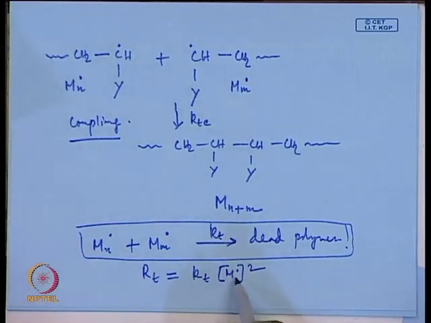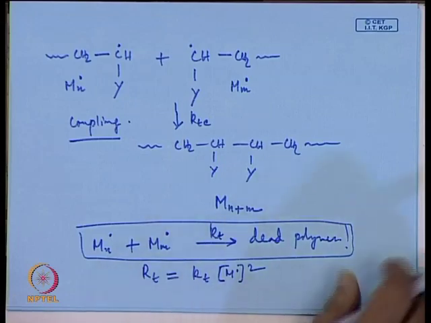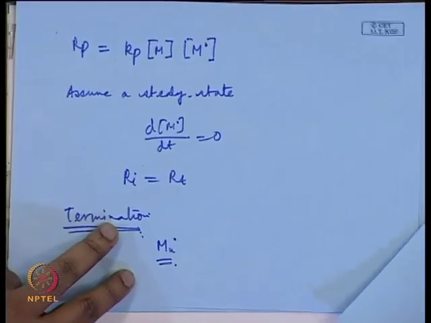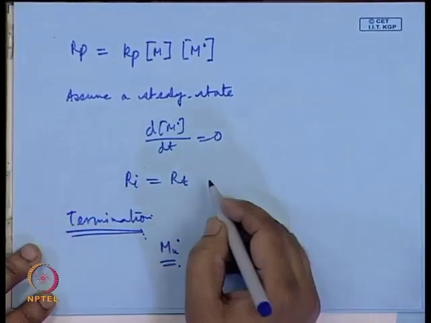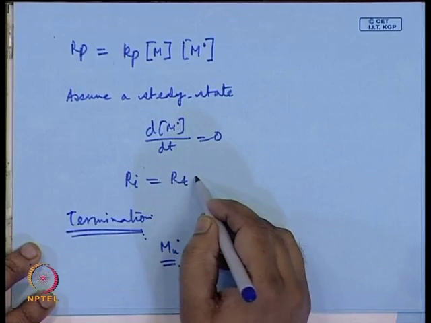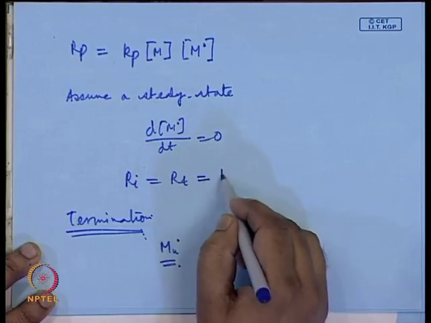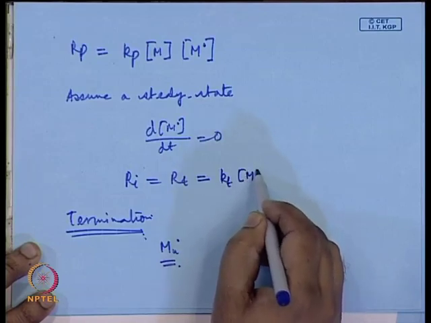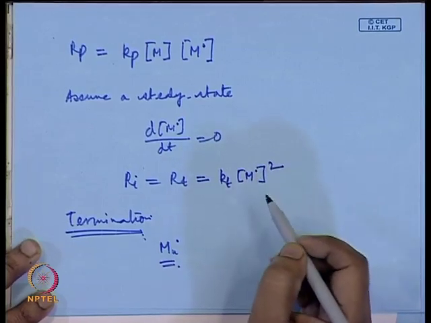Here again, M dot is the summation of the concentration of all the propagating radicals.